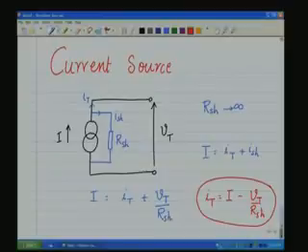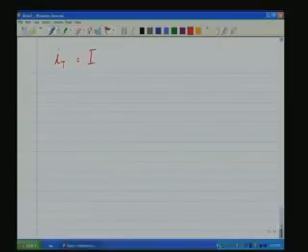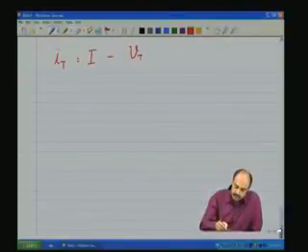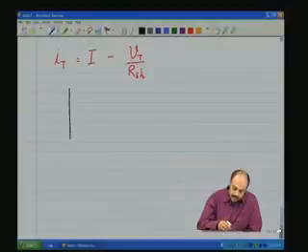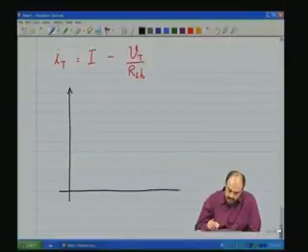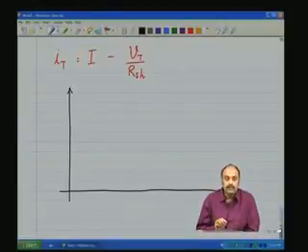Now, let us look at the IV characteristic of this practical current source. Let me put back the equation. IT equals the actual ideal current source value minus terminal voltage by R shunt value. So, let us draw the IV characteristic. The x-axis is the variable Vt, the terminal voltage.